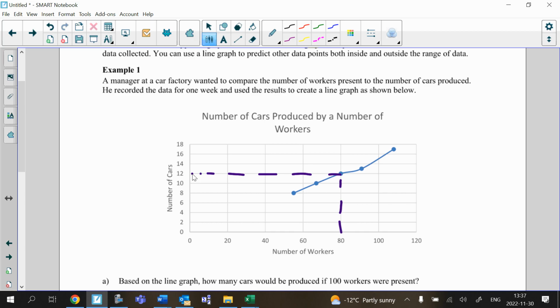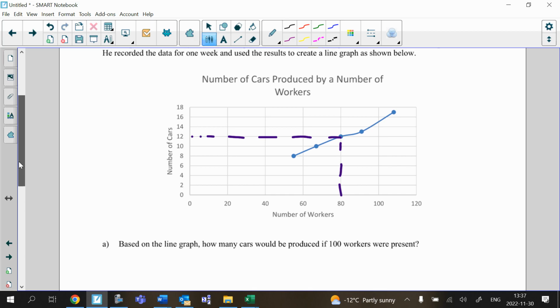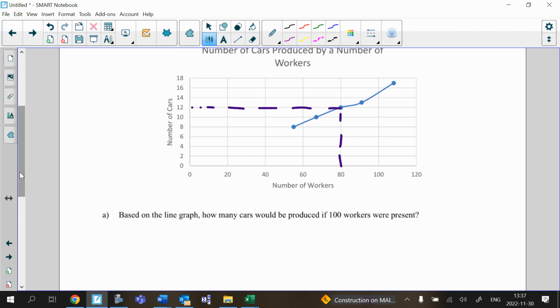Based on this line graph, how many cars would you expect to be produced if 100 workers? 100 workers, looks like we're about halfway, and we don't want to say half a car. So we would say 15 cars.